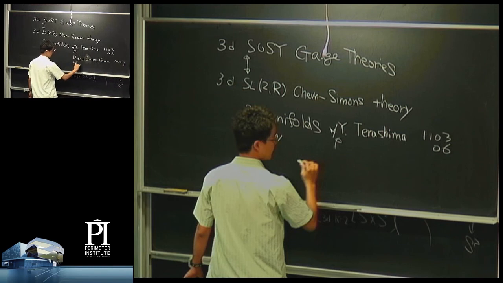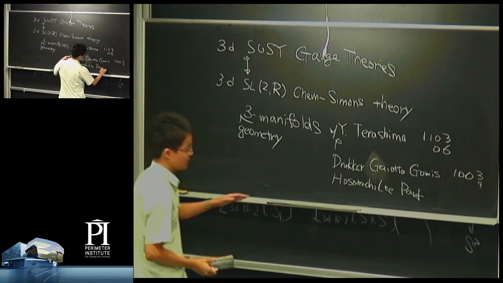And then there's the paper by Hosomichi, Lee, and Park. So these first three authors proposed a general idea, and then these three people gave a very explicit computation for that.